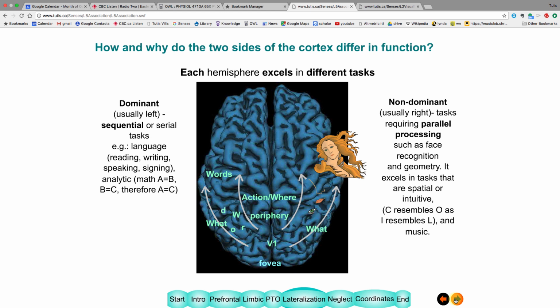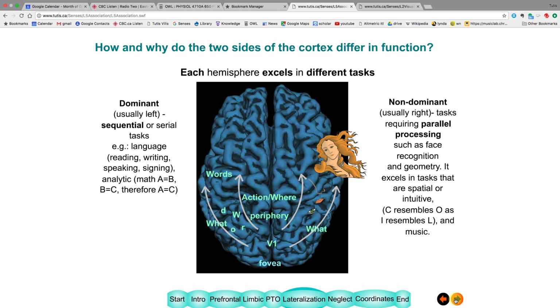The left side is usually involved in sequential or serial tasks. So, for example, language is a sequential serial task. When you make up a sentence, you make up a series of words. Your brain has to construct this series of words. And when you read a sentence, you read the whole sentence, and then you know its meaning.